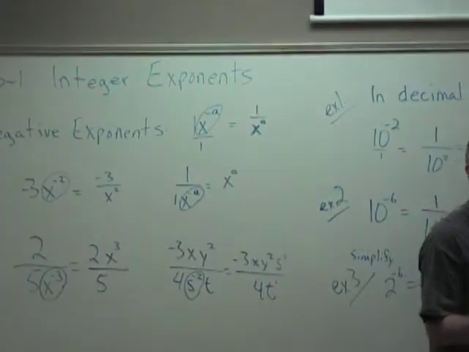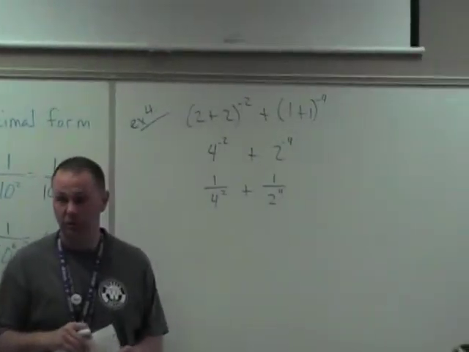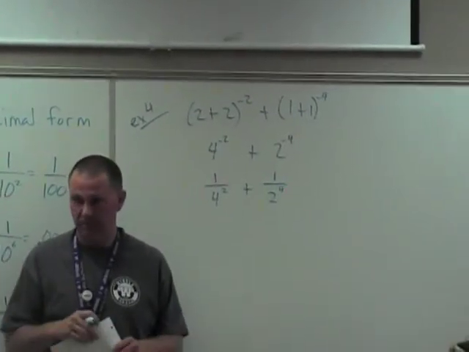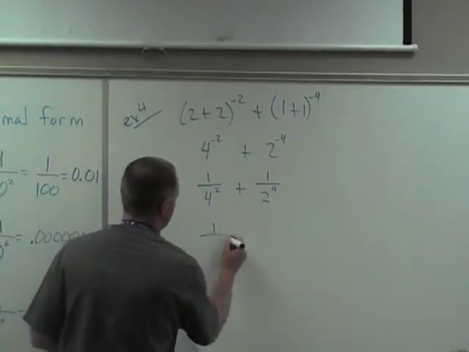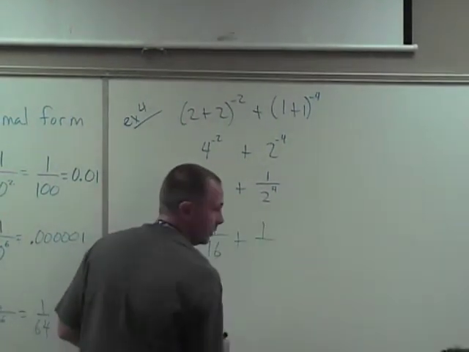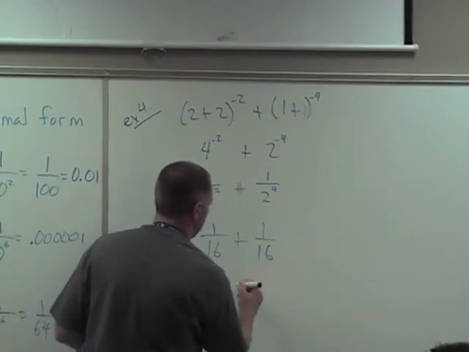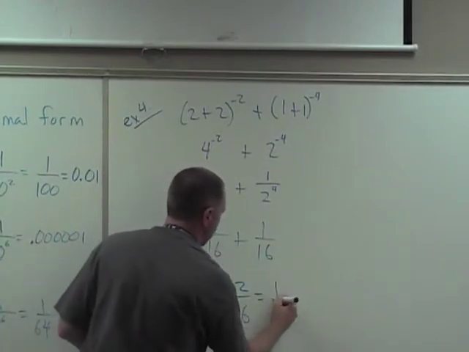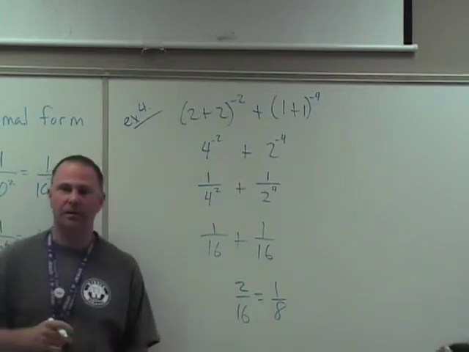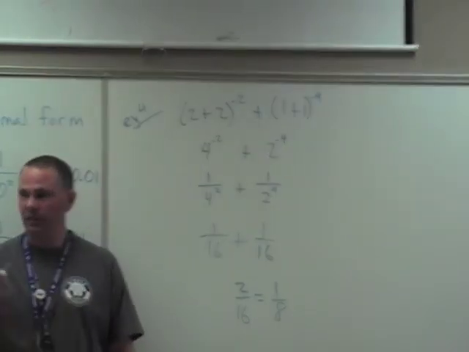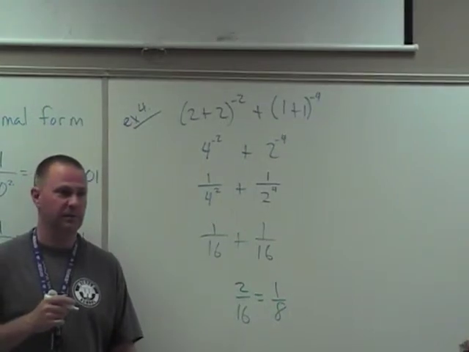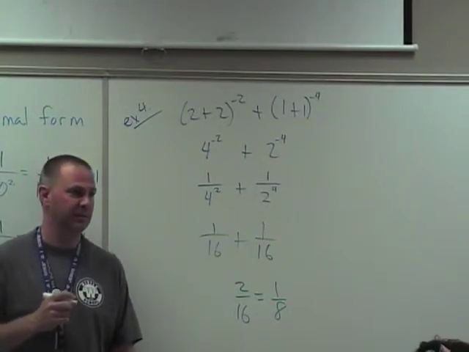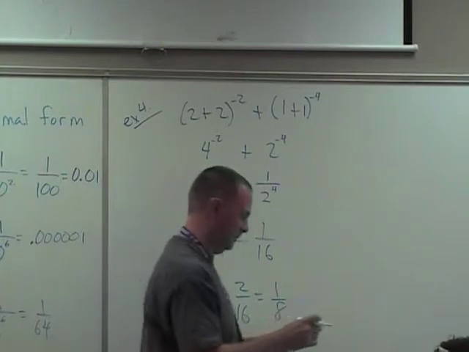The negative exponent doesn't change the value of positive and negative. You all understand? All right. So this one is 1 over 16 plus 1 over 16. That's 2/16, or who had 1/8? Really? That was it? All right, let's do some more then.